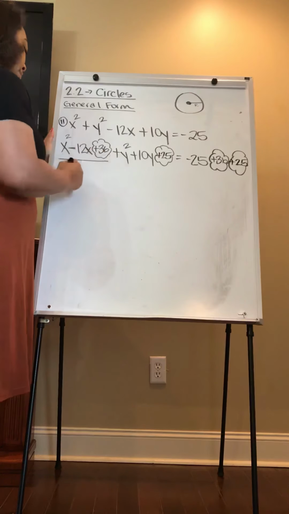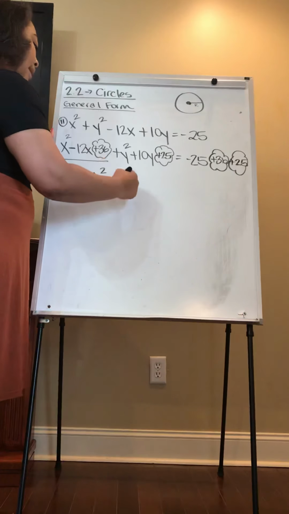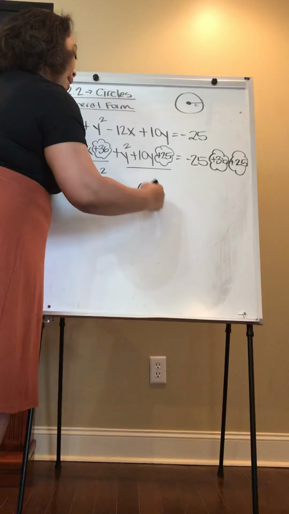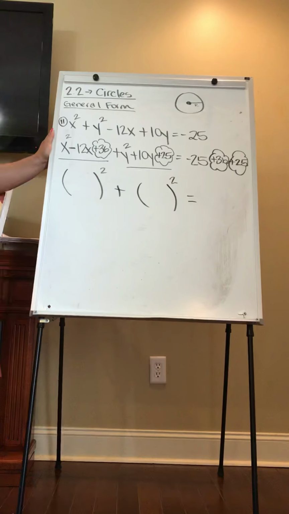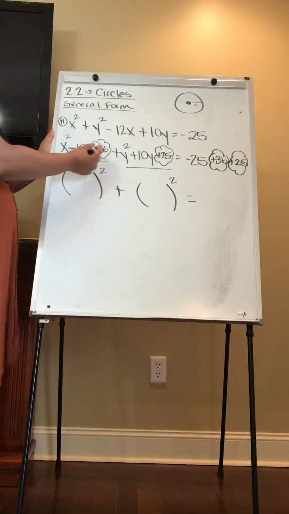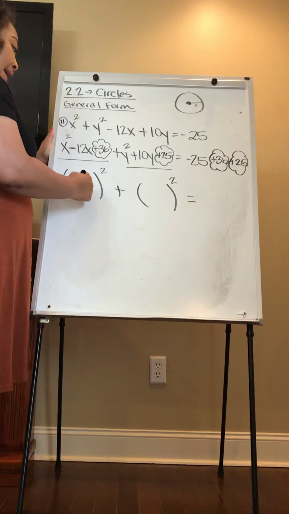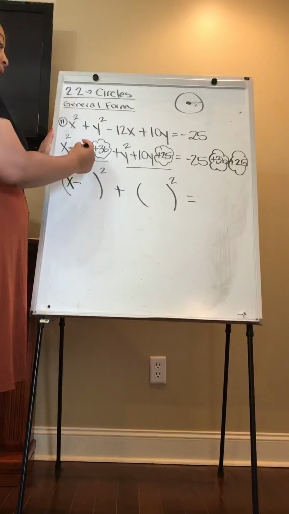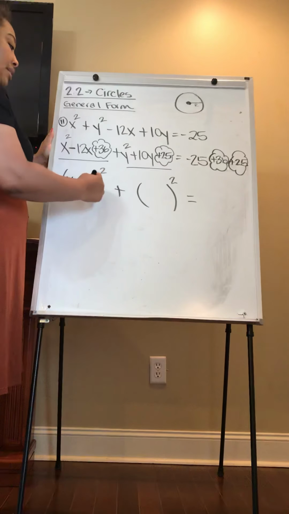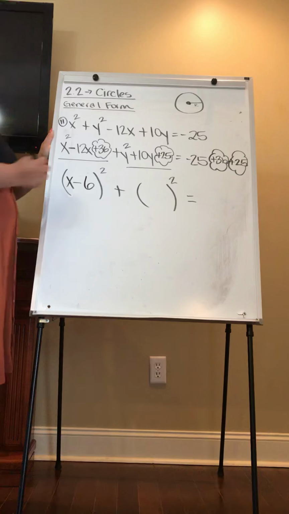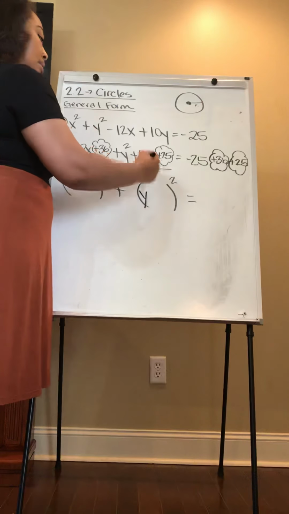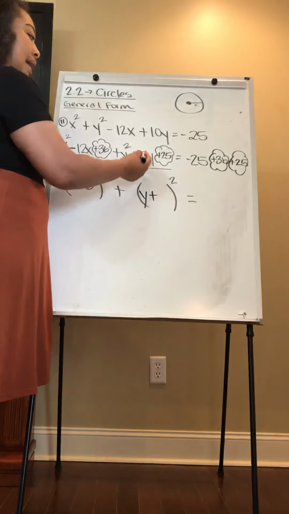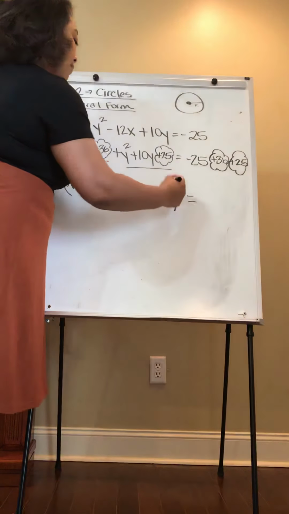So with my x, you're going to do a parenthesis squared. And with your y, you're going to do a parenthesis squared. And it's going to be equal to a number. Now for my x, you're going to do x, same sign, minus half of 12 is 6. For my y, we're going to do y, same sign, plus, and half of 10 is 5.